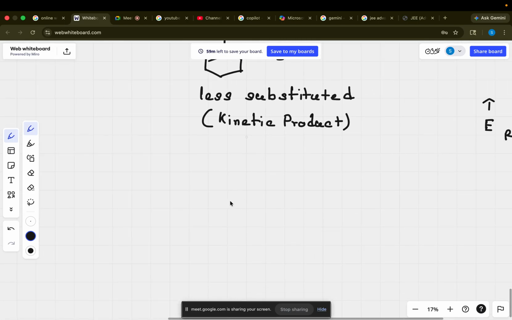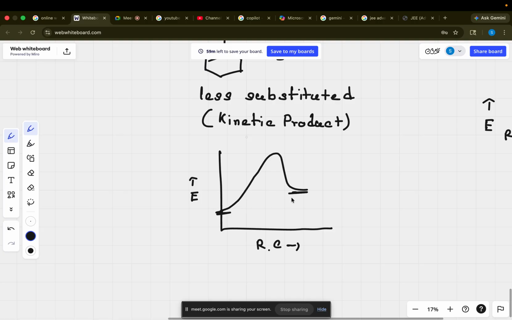And if I draw for your kinetic product, it is the same thing. You just write down here reaction coordinate, and here you plot energy, but one thing is different here. The product is less stable than your reactant.